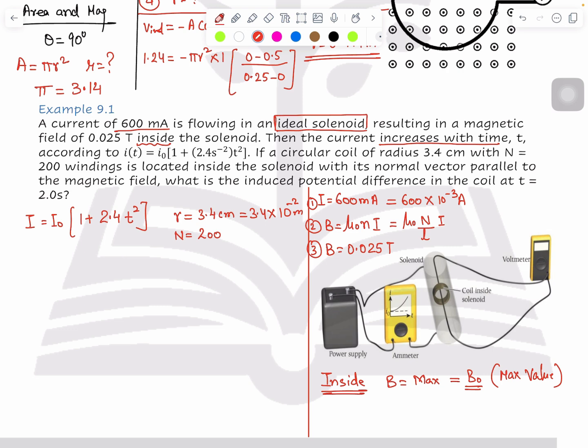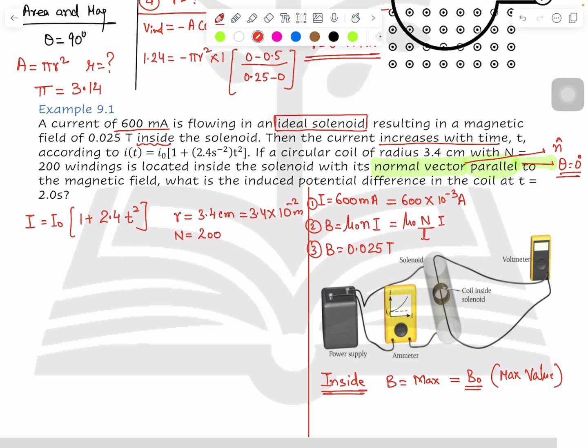This is the major point. What is the meaning of normal vector? Normal vector means n cap. Now just focus, parallel means angle theta is 0 degree.